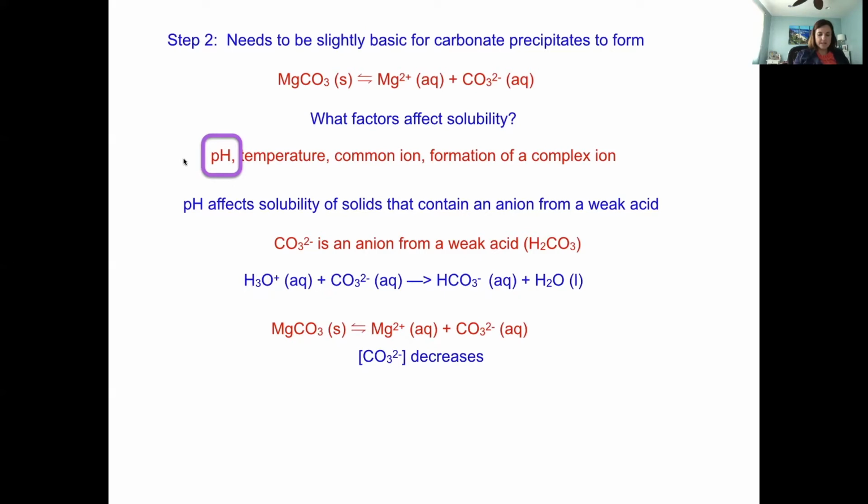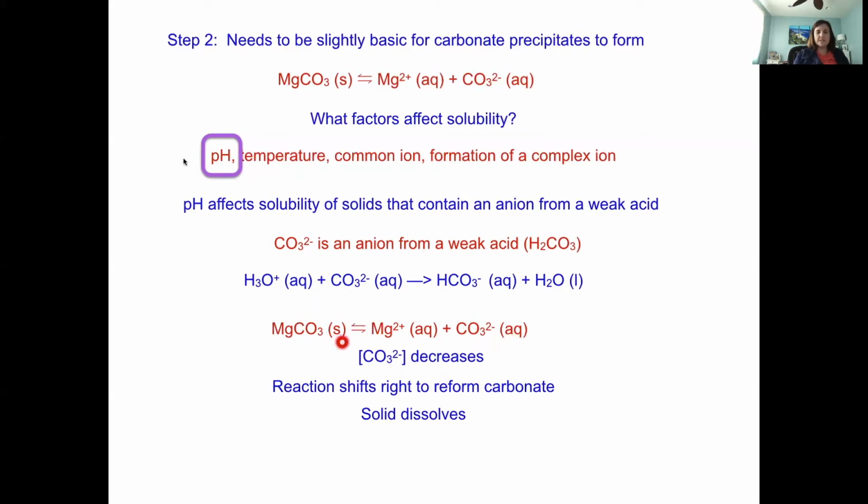If the carbonate decreases, that means the reaction is going to shift right to reform that carbonate ion. Le Chatelier's principle: we decrease the concentration, so the reaction has to shift right to replace it. So what would happen to the solid? Well, the solid would dissolve.